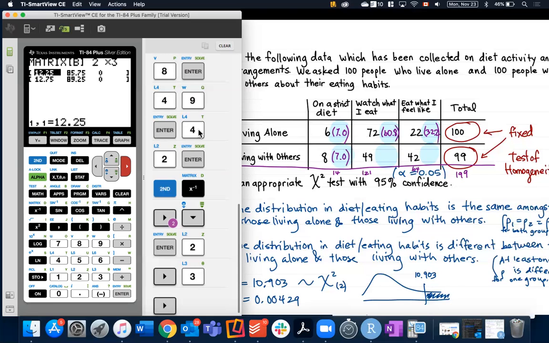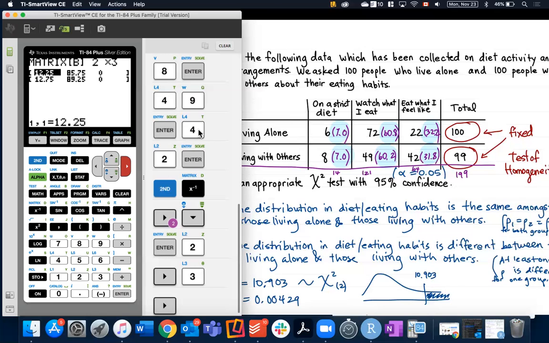And then we've got, oh, you know what? This is going to end up being the same because we've got 99 times 121 divided by 199. Okay, so this one will be 60.2 if I round. And then 99 times 64 divided by 199 gives me 31.8.